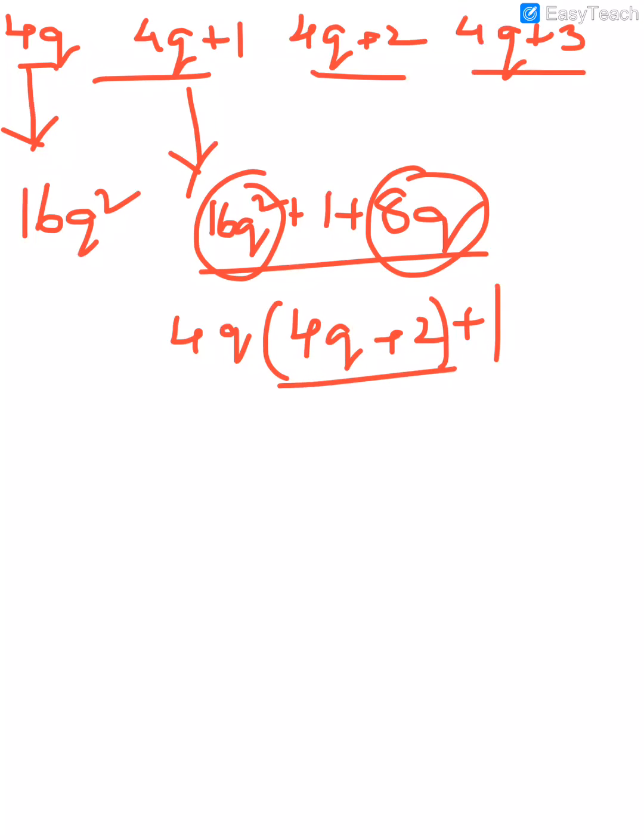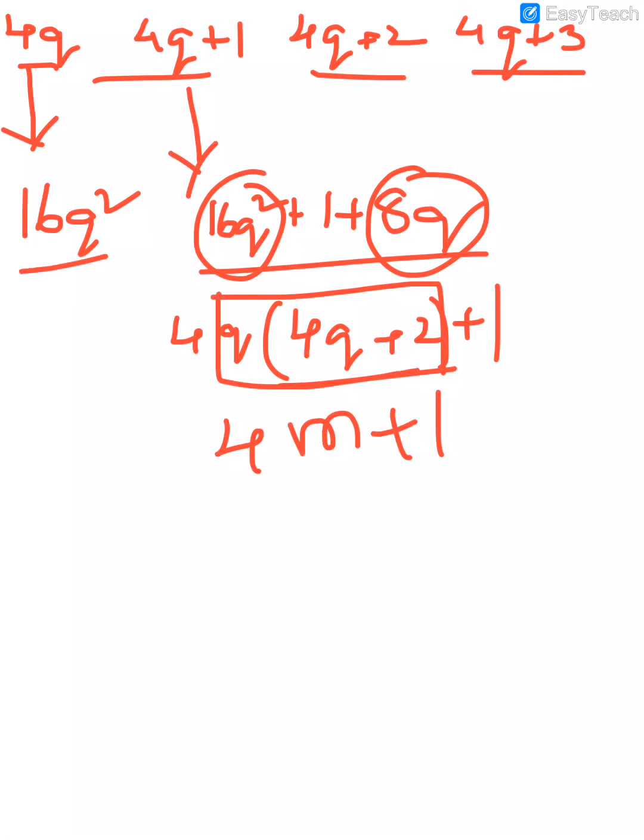This entire part we suppose as 4 into m, plus 1. And 16q square we can write as 4 into something, 4 into p.